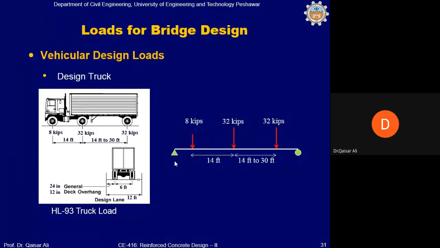The loads shall be kept in such a manner that they give us the maximum effect to be calculated. For example, the maximum bending moment will usually occur at the midspan or near the midspan in a simply supported bridge. So the loads shall be kept such that we get the maximum bending moment. And for maximum shear, as you can imagine, the maximum shear will occur near the supports. So again, the load shall be kept in such a manner on the bridge that maximum shear is obtained.